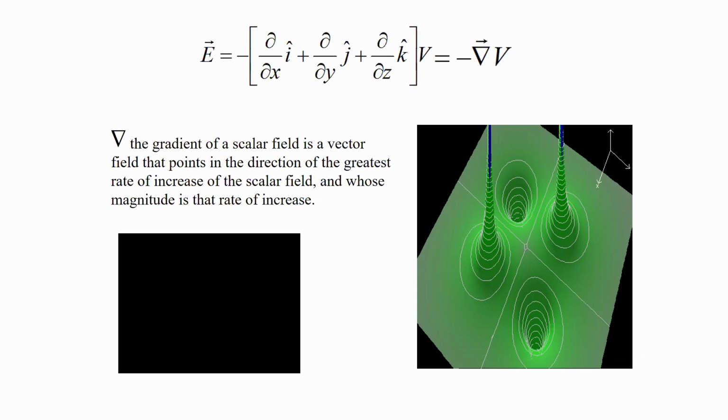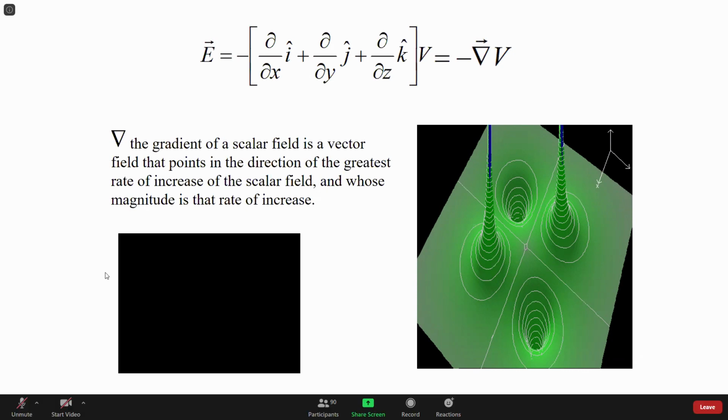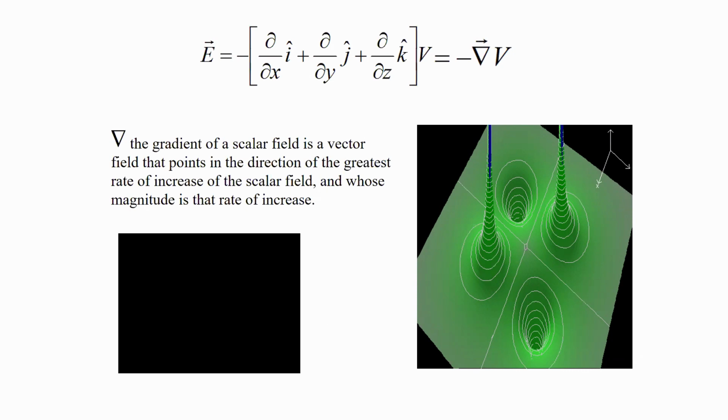One here, on the right, is a positive charge, obviously, because you can see the potential gets higher and higher as you get close to the middle. Likewise, diagonally to that is a positive charge, whereas the top and bottom are negative.